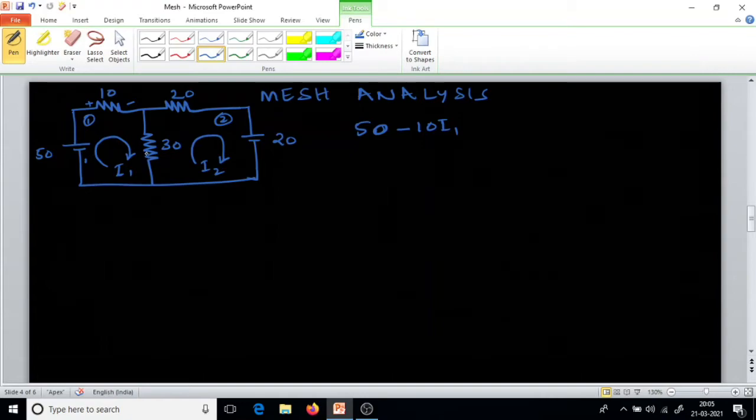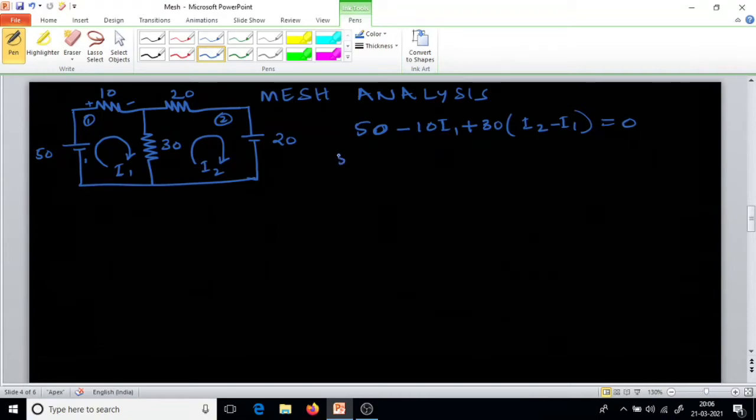When one resistor belongs to both the meshes, what do you do? First you put a plus sign and write the resistor value. Then in loop 1, I1 is creating a potential drop across the 30 ohm resistor, but I2 is creating a potential rise compared to I1. So we will write it as I2 minus I1 equals 0.